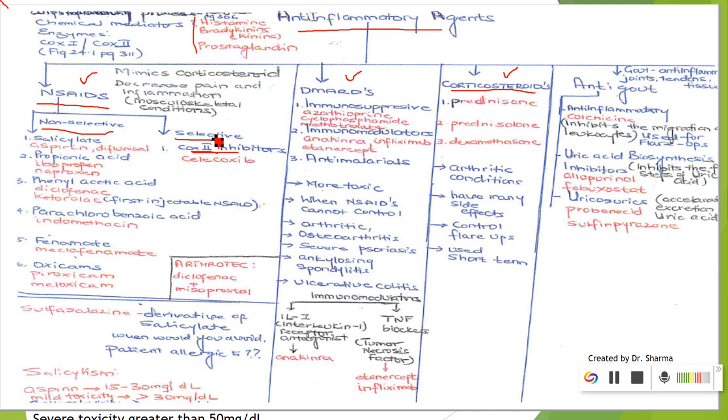So don't confuse this with the antipsychotics. Remember there also we talked about first generation, second generation, right? Keep them straight. So NSAIDs are categorized into two categories: first generation and second generation. First generation are non-selective. That means they inhibit both COX-1 and COX-2. Second generation are selective and they only inhibit COX-2.